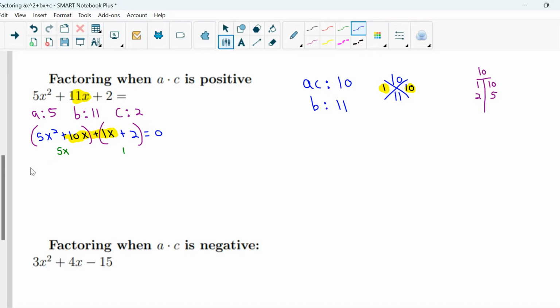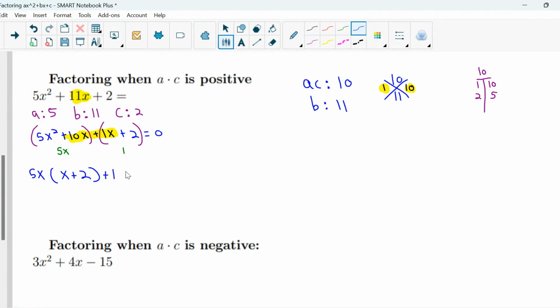So let's write out our GCFs. If I factor out a 5x, right here, I have 5x squared divided by 5x, which is just going to leave me with x. 10x divided by 5x is going to leave me with 2. Then over here, I'm factoring out a 1.